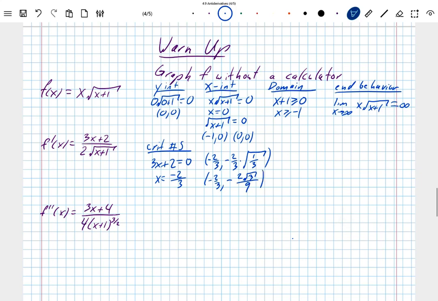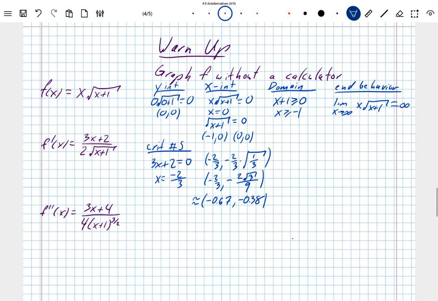Okay, that's nice and exact. For the purposes of graphing, it might also be helpful for you to do a decimal approximation. So -2/3 is about -0.67, and -2 square root of 3 over 9 is approximately, maybe put this into your calculator, so that y value is approximately -0.38. That might help you graph it a little better, with a sense for what that is. Okay, so I like to not go too far before I start putting some points on my graph.